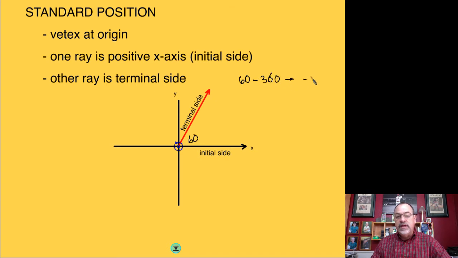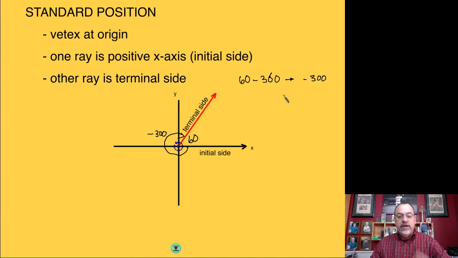That's going to give me a negative 300-degree angle. So if I were to begin at the initial side here and rotate in the opposite way 300 degrees, I would end up with a coterminal angle. This angle here would be a negative 300-degree angle, and it is coterminal with a 60-degree angle.